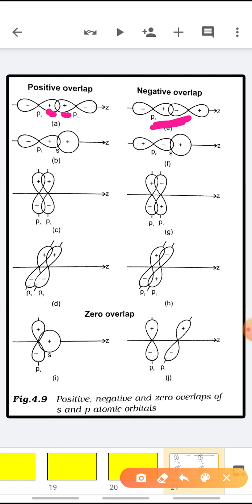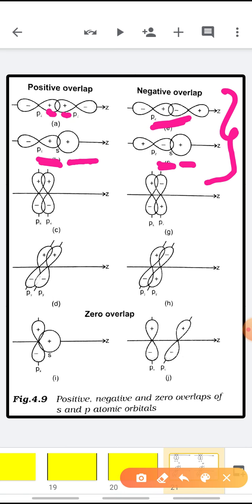Next is the overlapping between the s orbital and the p orbital. When the positive lobe of the p orbital overlaps with the s orbital, there is positive overlapping. But if the overlapping is between the negative lobe of the p orbital and the s orbital, the overlapping is not favored, as it is negative overlapping. This was head-on overlapping.